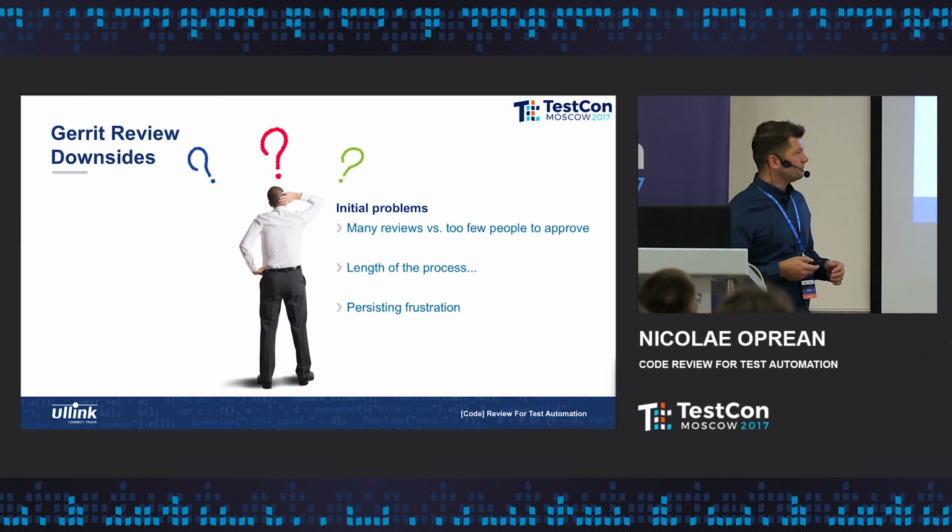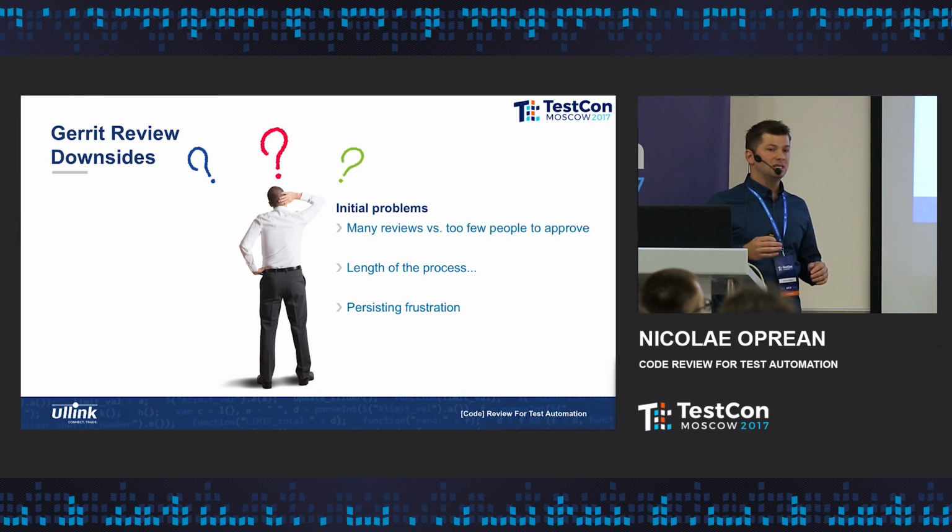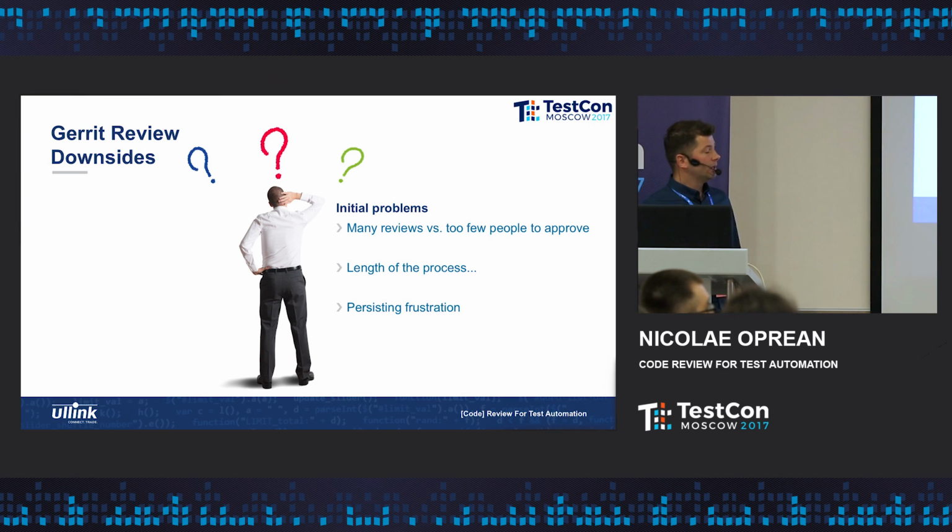But this was agreed even at the management level. It was agreed that we will delay the releases a bit, but on the other hand we'll have better code quality, and this is more important.